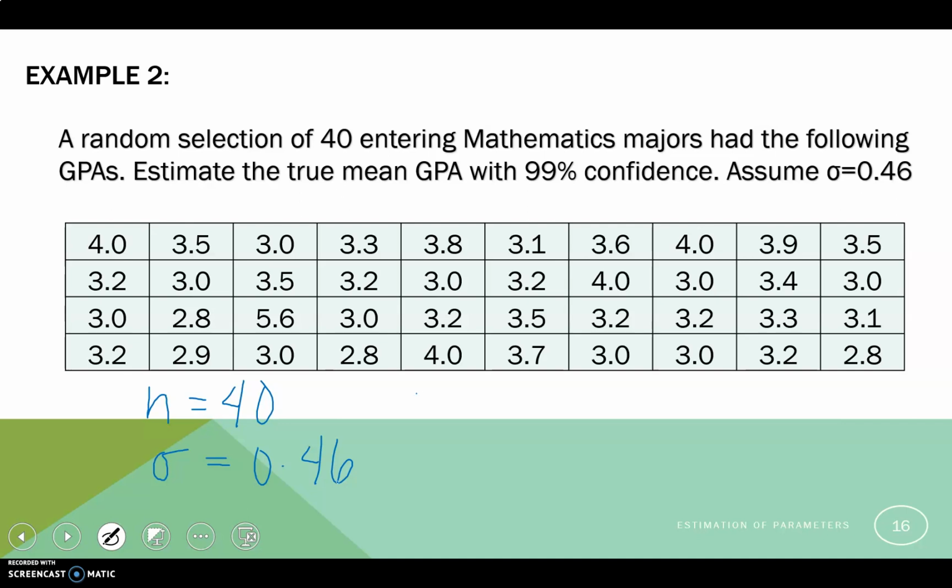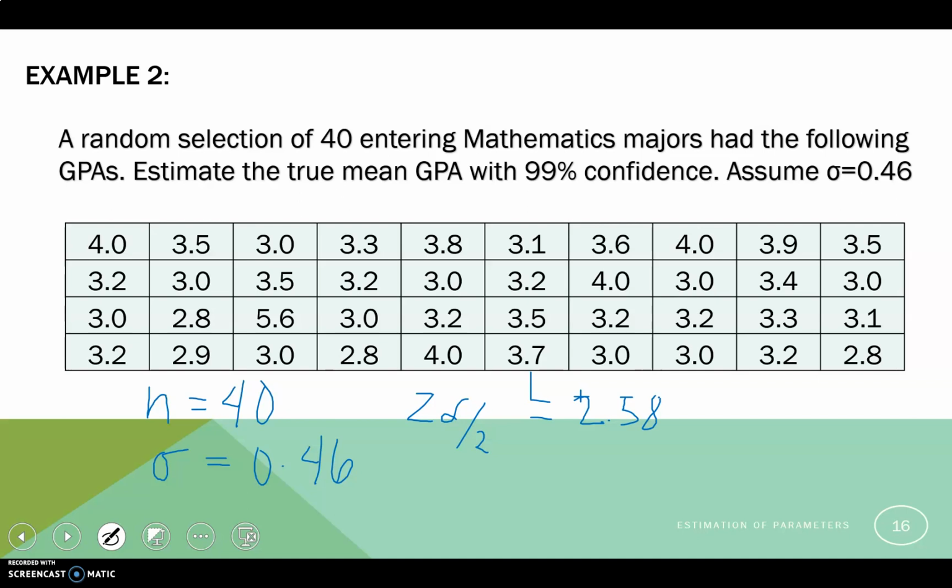So we have our z alpha over 2. Kung 99% gani, ang z alpha over 2 is plus minus 2.58, or 2 and 58 hundredths.